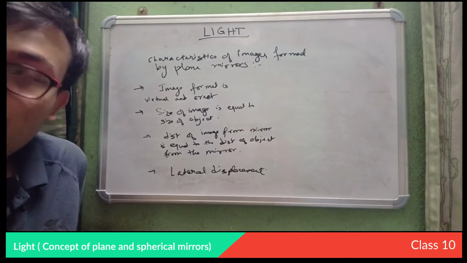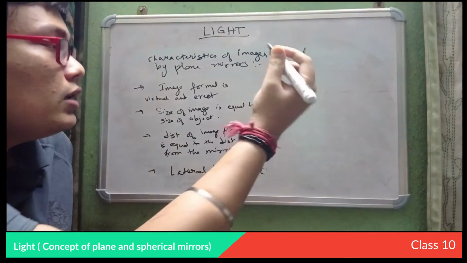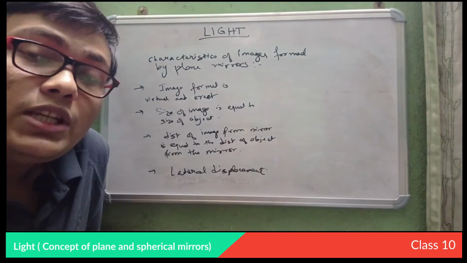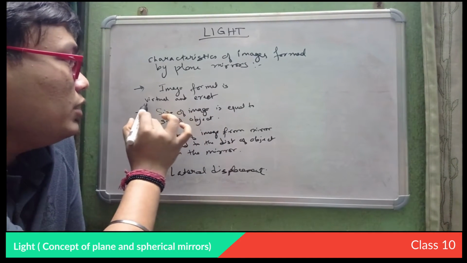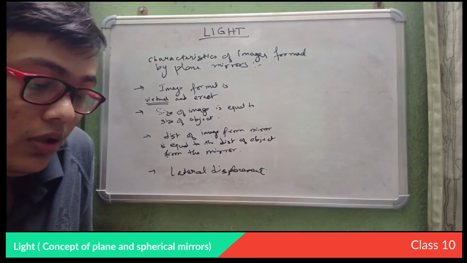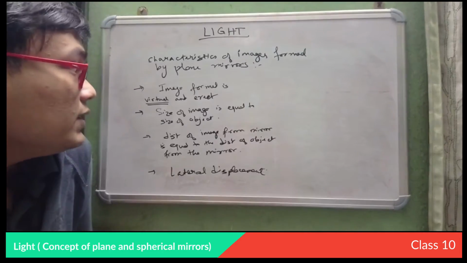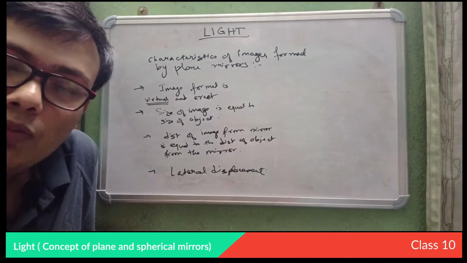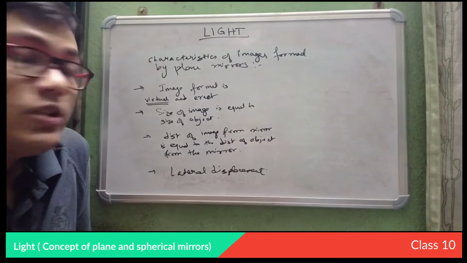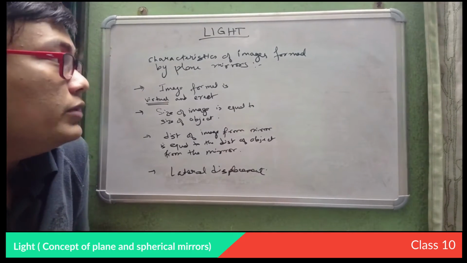Such kind of images which appear to be formed behind the mirror are nothing but virtual images. These are not real. So, one basic difference between a virtual and a real image is that virtual images are formed on the other side of the mirror and real images are formed on the same side of the mirror as that of the object.